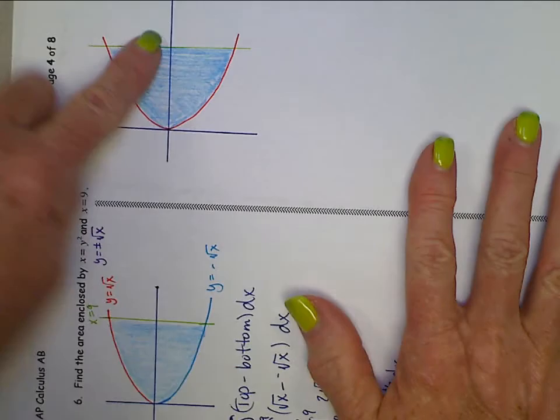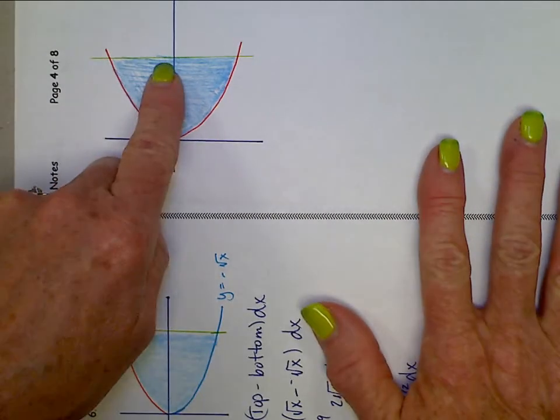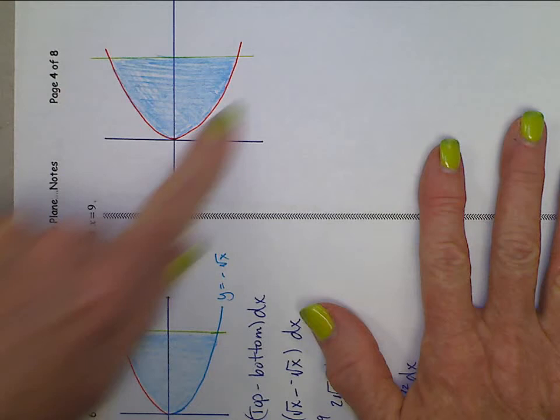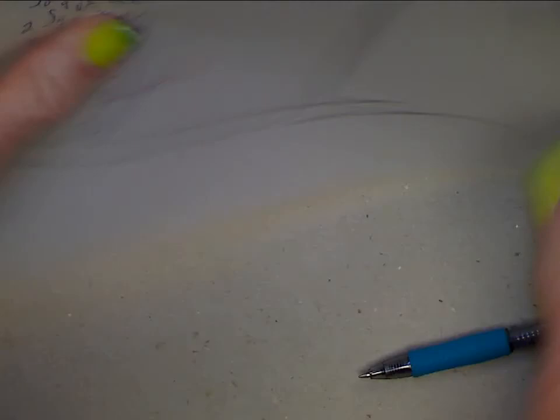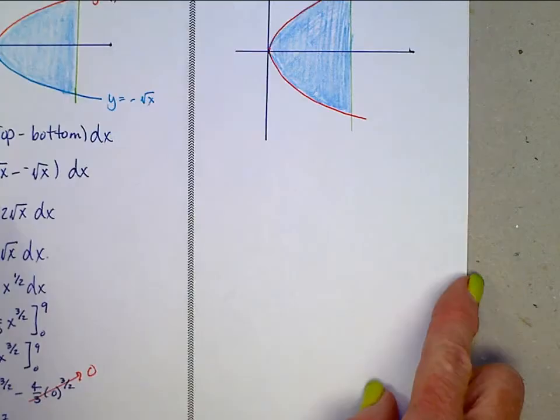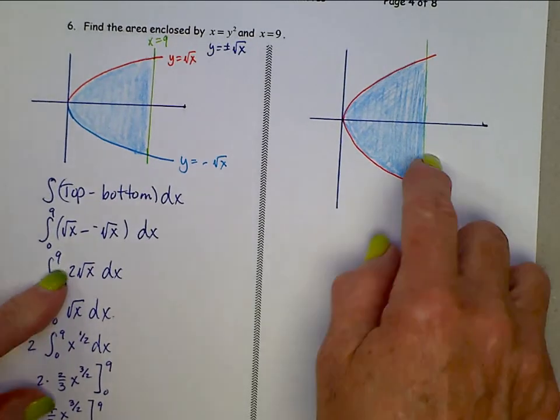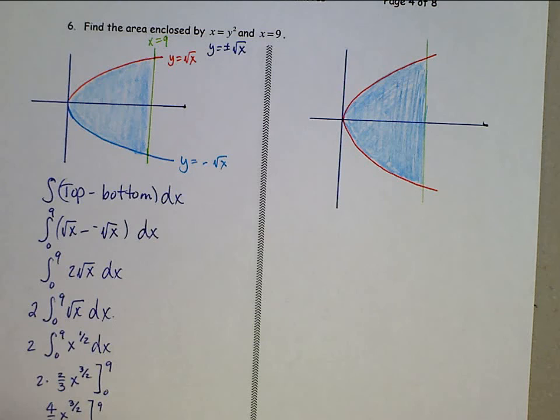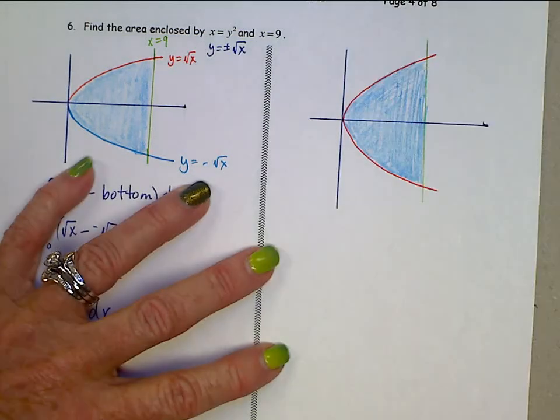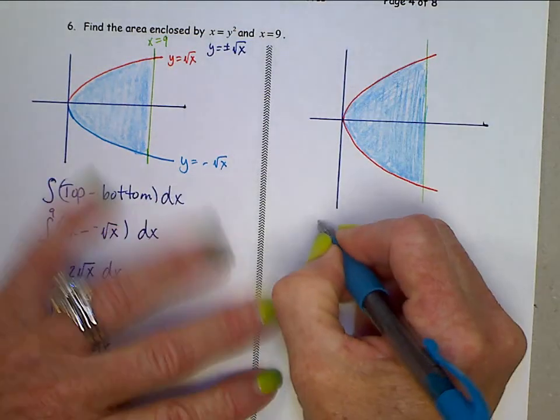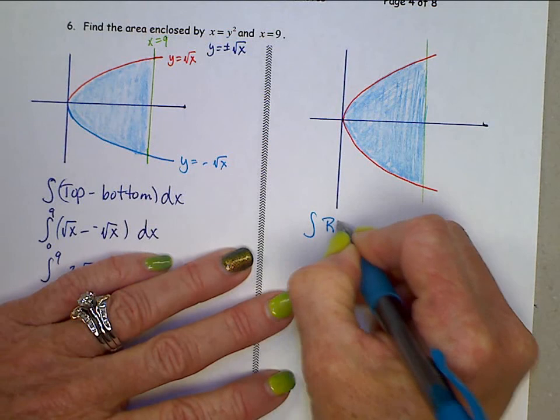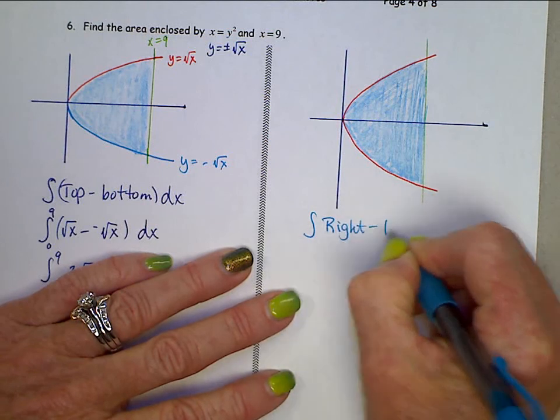The top function is that line, and the bottom function is the parabola. And if we put it back the way that it is situated originally, it's not top minus bottom anymore, it's right minus left. So we could calculate this by doing right minus left.